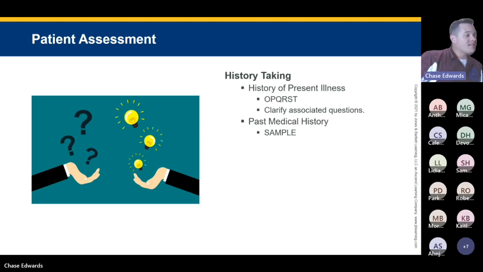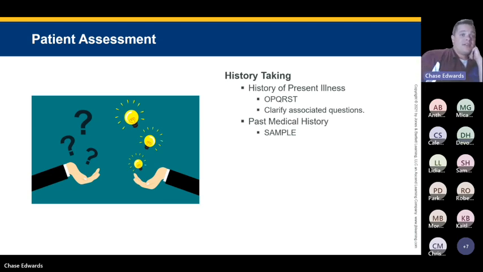So how would you ask a question for onset? If I'm the patient, what would you ask me to get the onset answer? I'm talking about OPQRST. It's got its own questions.